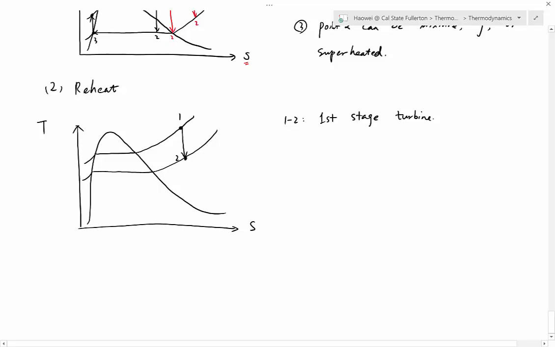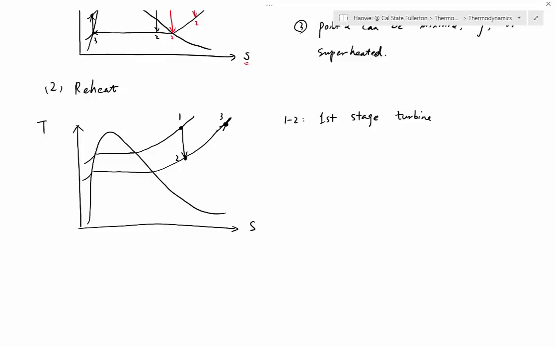After the steam goes through the first stage turbine, you send it to the boiler. So 2 to 3, along this constant pressure line, that's a new boiler. You send number 2 into a new boiler, and then it's going to gain heat at this constant pressure line, moving to the right.